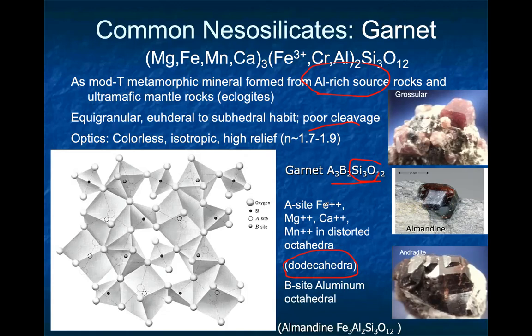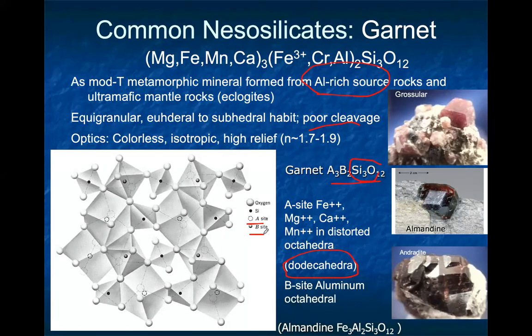So we call some crystallographic sites A sites and B sites. Here you have a diagram of garnet, in which you can see silicon tetrahedra attached with cations. So we have A sites and B sites, that means some crystallographic places where the cations can be accommodated.